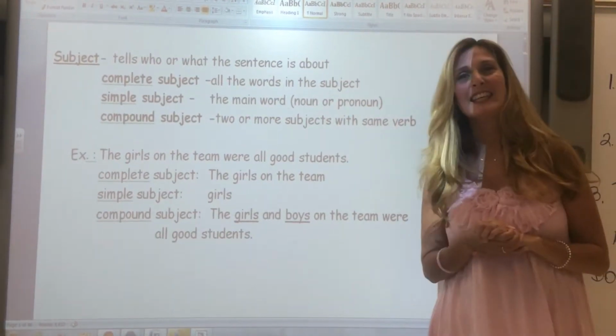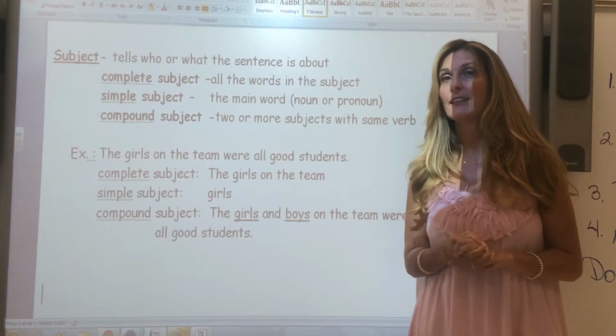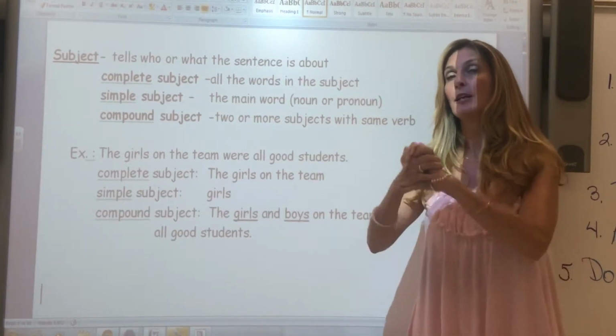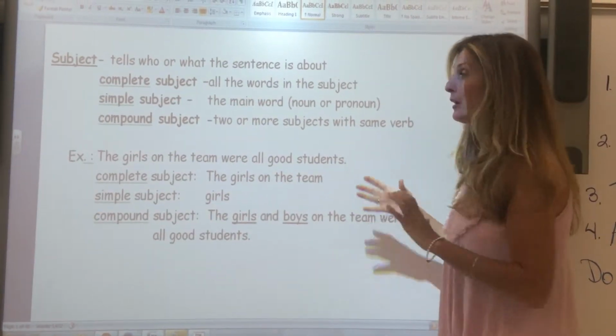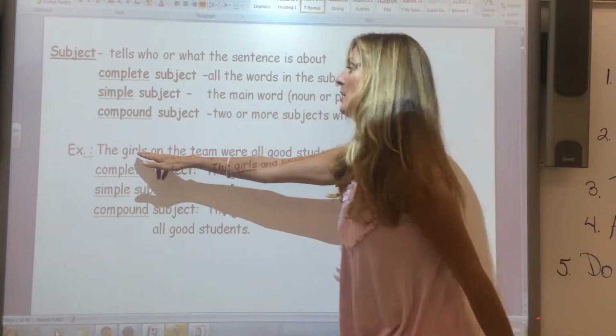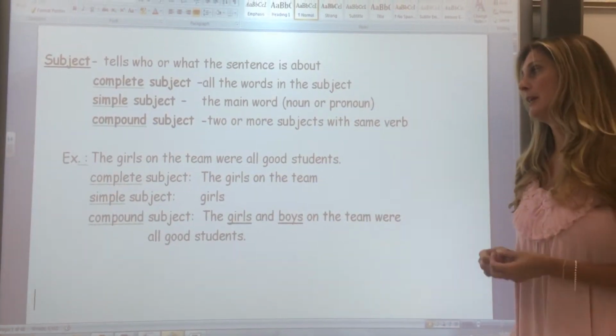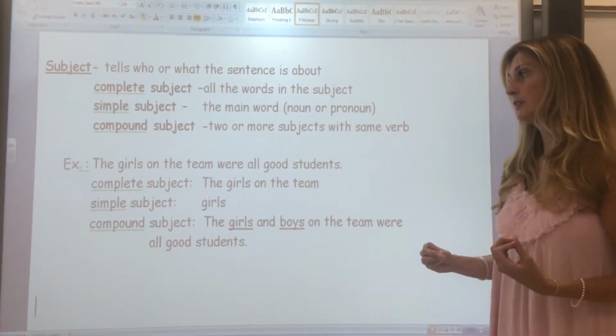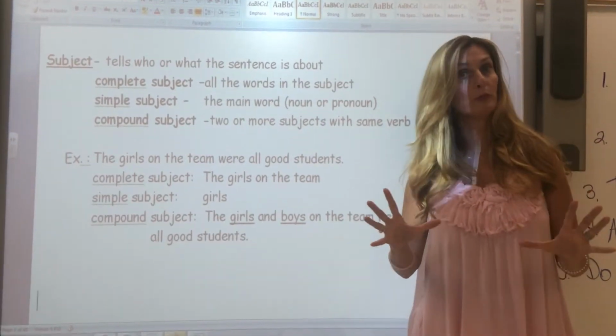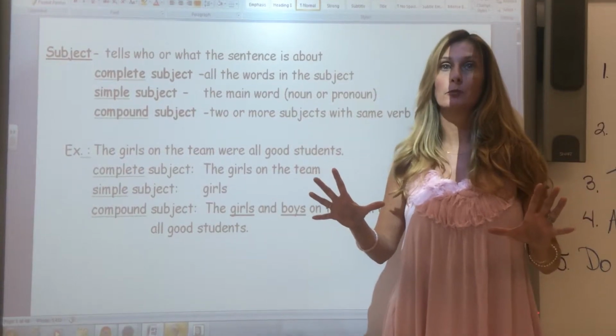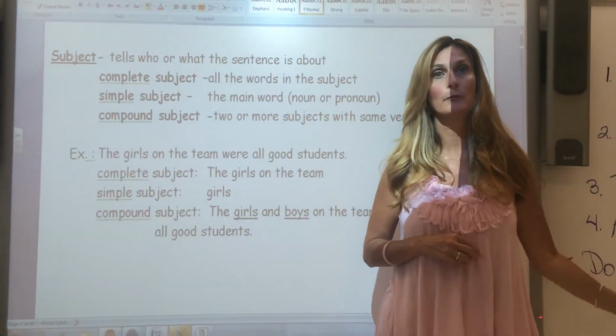Well, I wouldn't say team are good students. So I have to ask myself, who or what makes up a good student? And the only word that will fit in this sentence is girls. So girls, they are going to be our simple subject. All right? That's a brief overview about how subject works in a sentence. We're going to practice that a little bit more in a second.